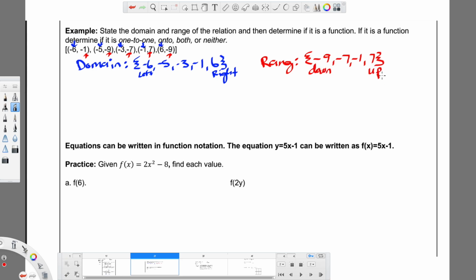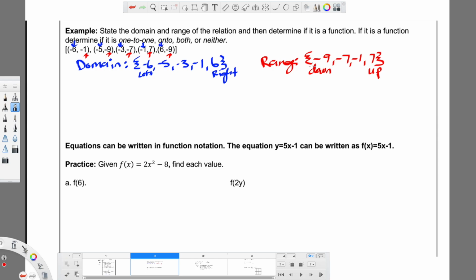So again, it tells me how large my graph needs to be, kind of really quickly looking at domain and range. I just realized I left the E off of range. So it's kind of a quick reason why we want to look at domain and range. And it can also help us see if it's a function and what type of function it is.